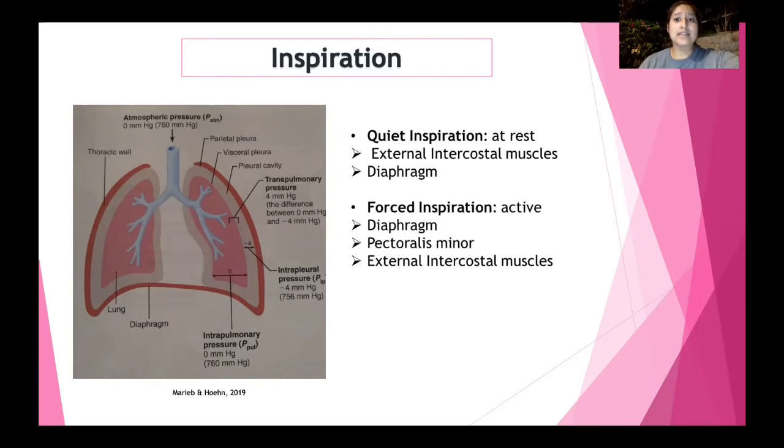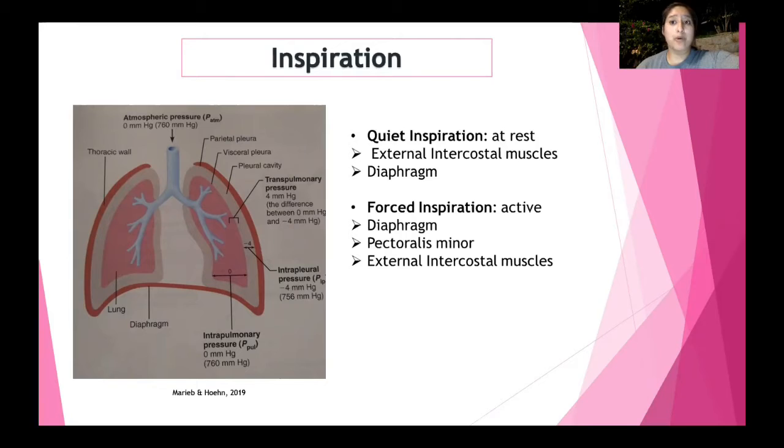All of these things cause the thoracic cavity to expand, which means it has increased volume. Because the thoracic cavity has more volume, the lungs also want to expand. The visceral pleura will expand and get closer to the parietal pleura, increasing the volume in the lungs as well.